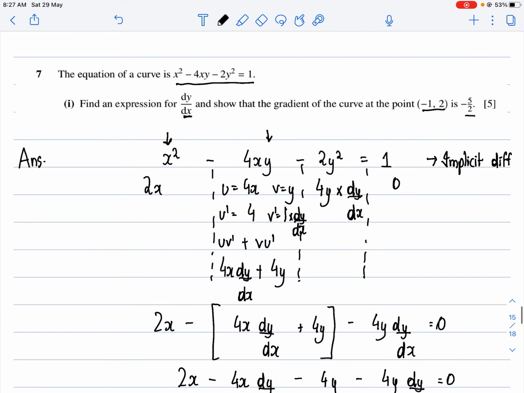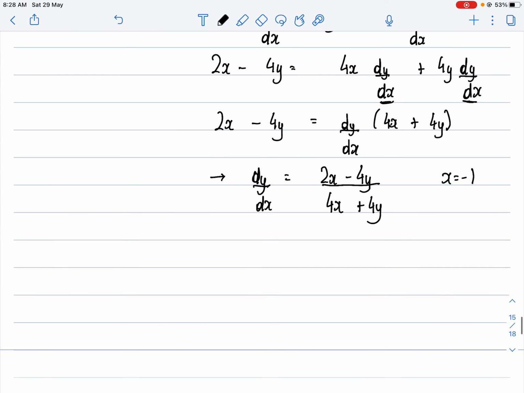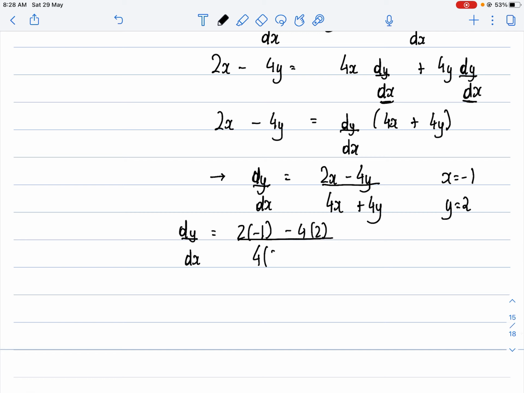Now we need to show the gradient, which is the dy by dx when the point is -1 comma 2. So -1 comma 2 means my x is -1 and my y is 2, because the coordinates are x comma y. I can substitute this in the equation: 4 into -1 plus 4 into 2.